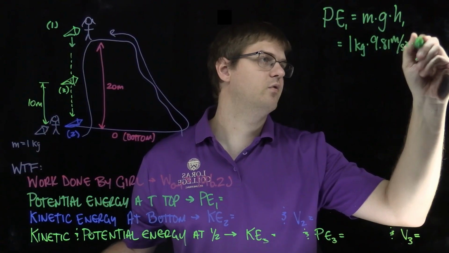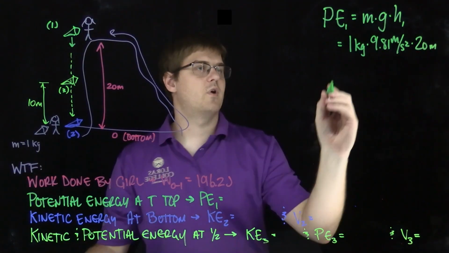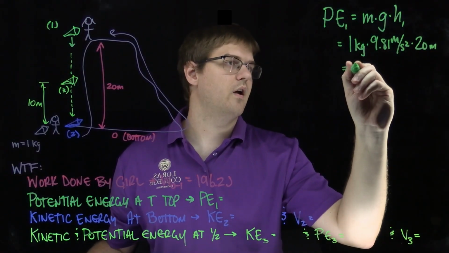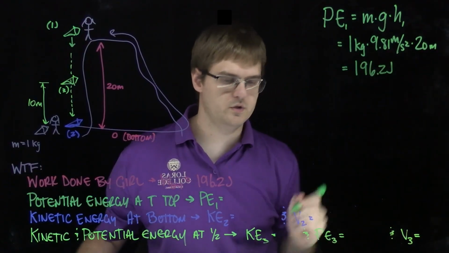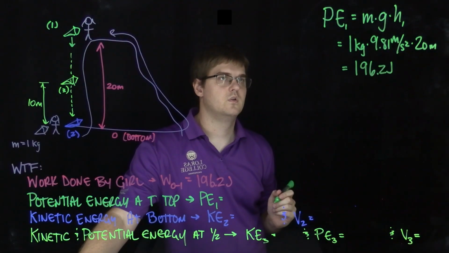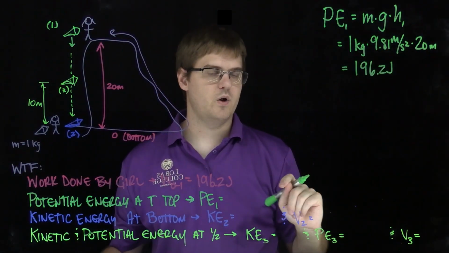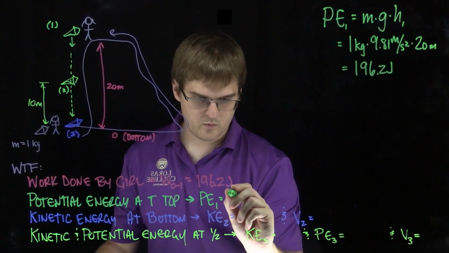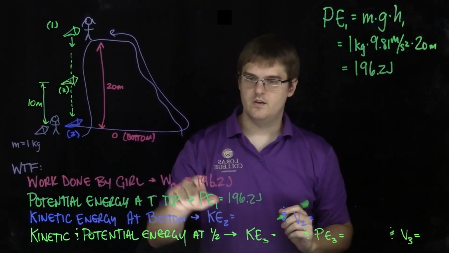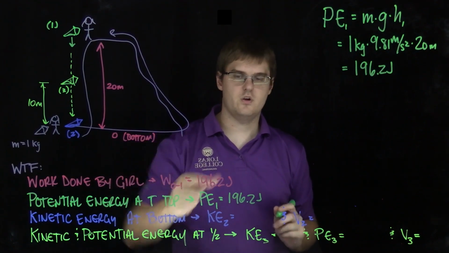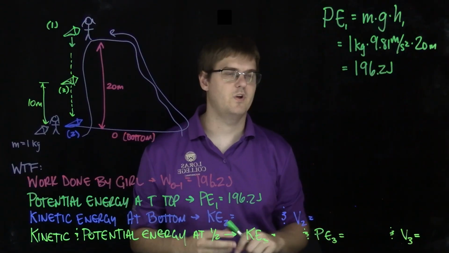My height is 20 meters. Surprise, surprise, that comes out to 196.2 joules, kilogram meters squared per second squared. So 196.2 joules.